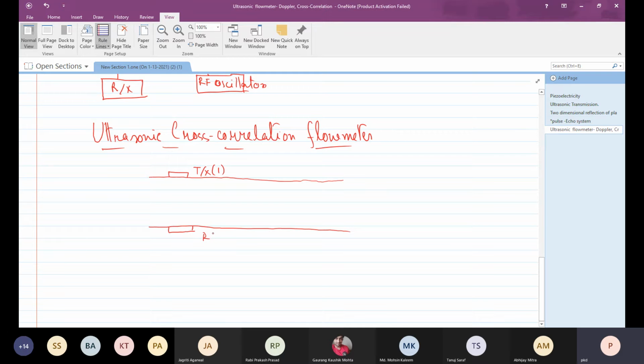So this is the transmitter and receiver set for the pair, for set 1. This is the transmitter and receiver set 2.